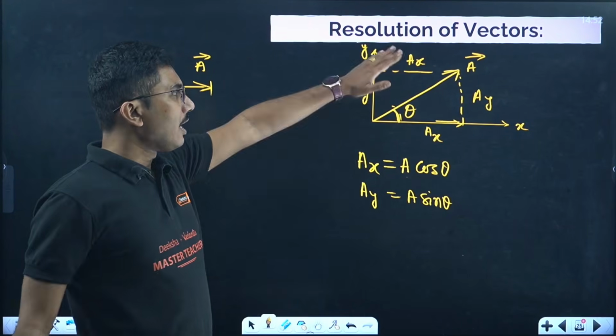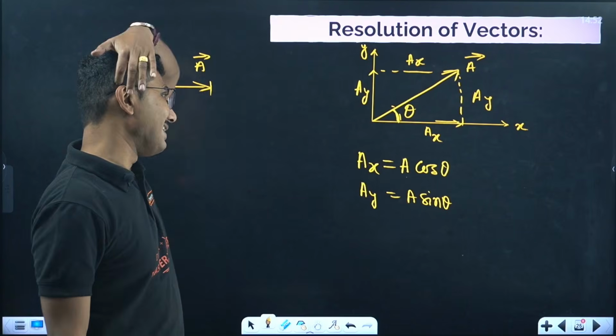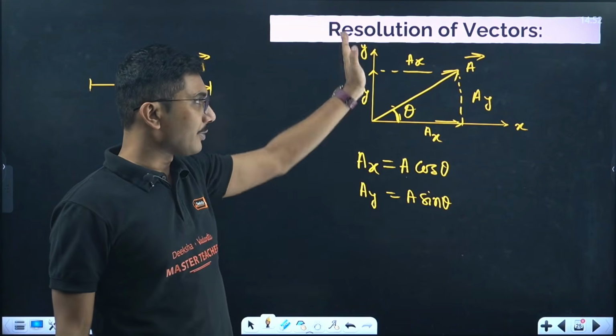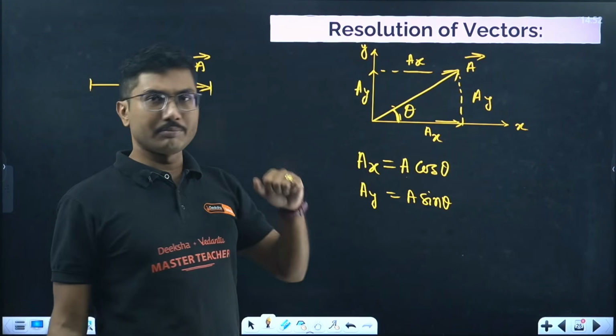Now remember that the component which is adjacent is the cos component, and the one which is perpendicular is the sine component, always.